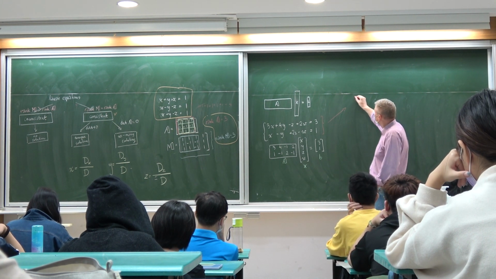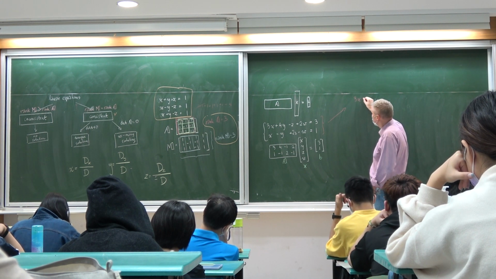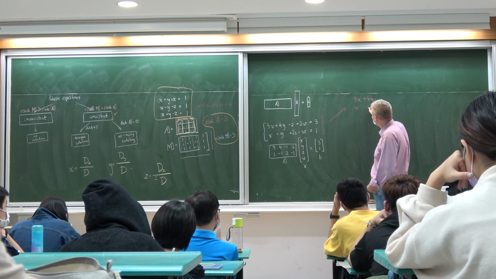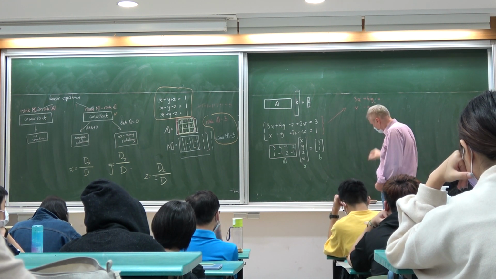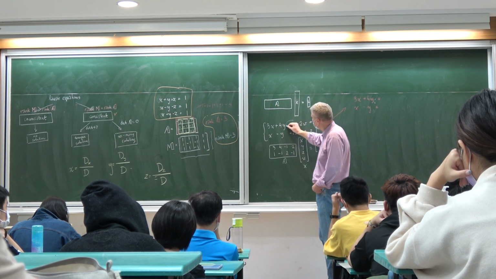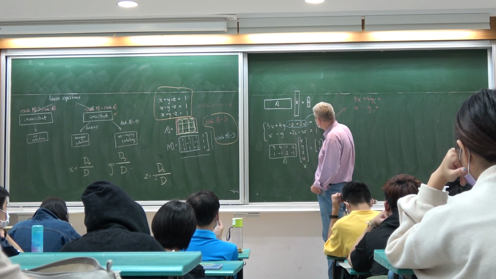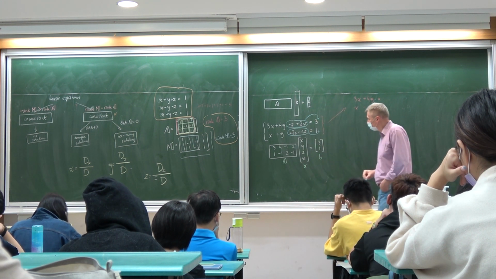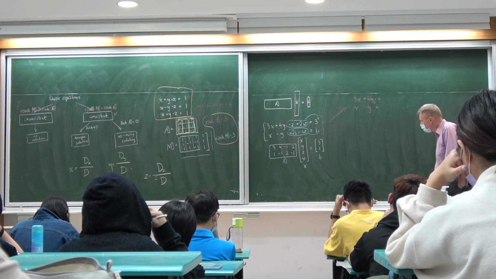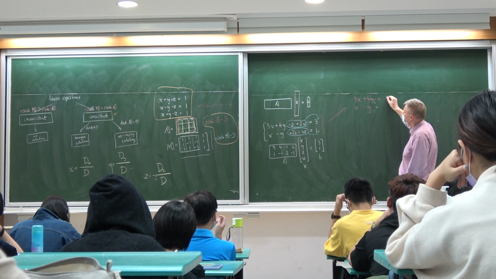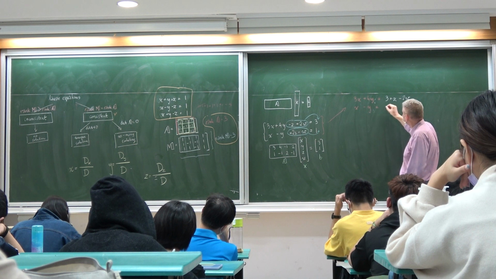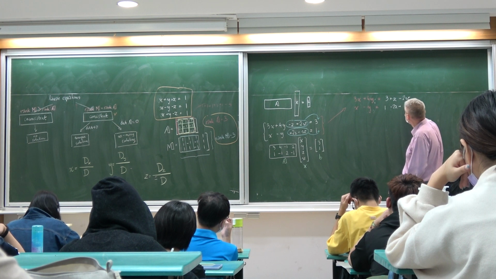For example, by choosing 3x plus 4y, x minus y, and putting the rest of the equations, this one, on the other side. If you do that, then on the other side you get 3 plus z minus 2w, 1 minus 2z plus w.